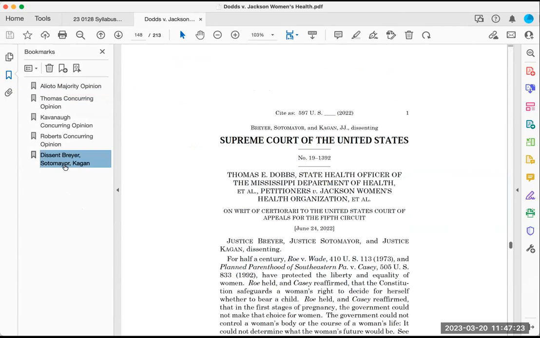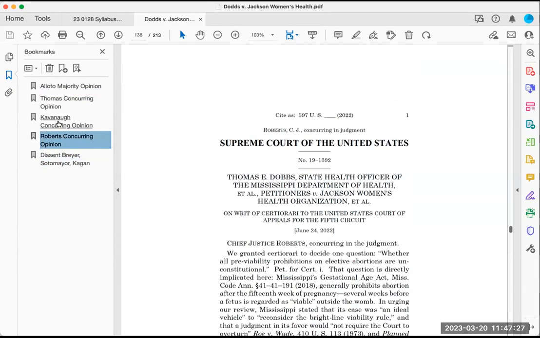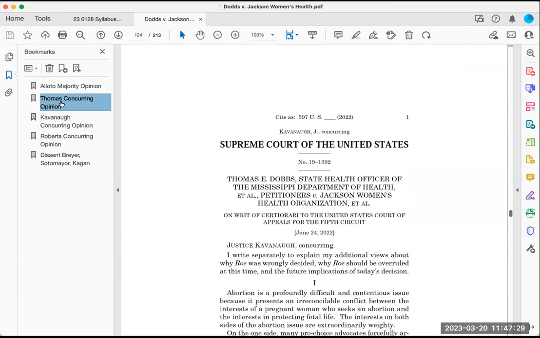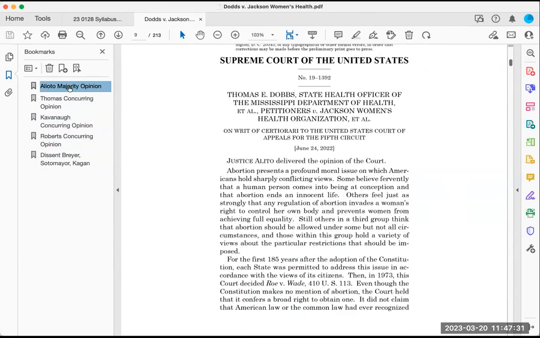So you can, again, navigate around these bookmarks and see how the court ruled and why. One thing you might note, it is 213 pages long. It's obviously a very lengthy opinion, and that 213 pages includes both the majority opinion, the concurring opinions, and the dissenting opinions.